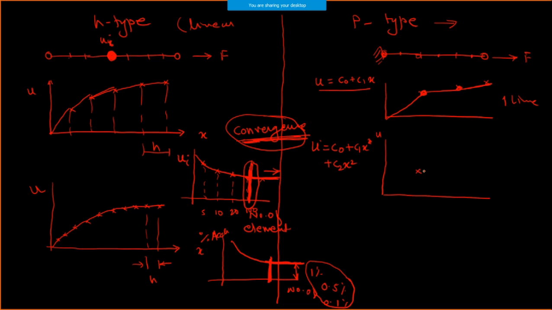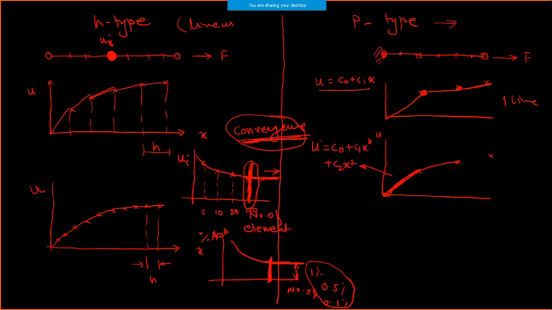So this is my first displacement, this is my second displacement, this is my third displacement. There are 3 points in the element, and I'm going to join these 3 points not with a straight line but with a certain curve, and that curve is nothing but a polynomial.